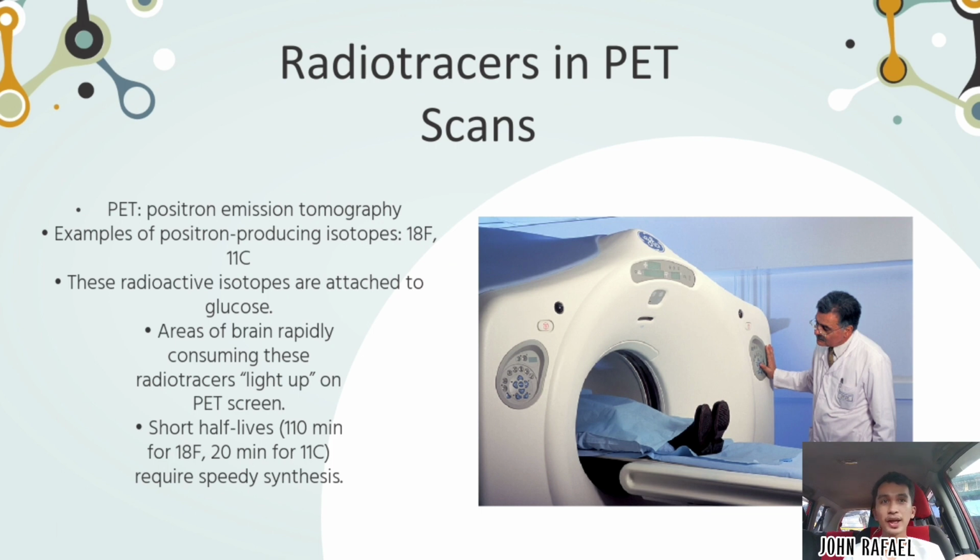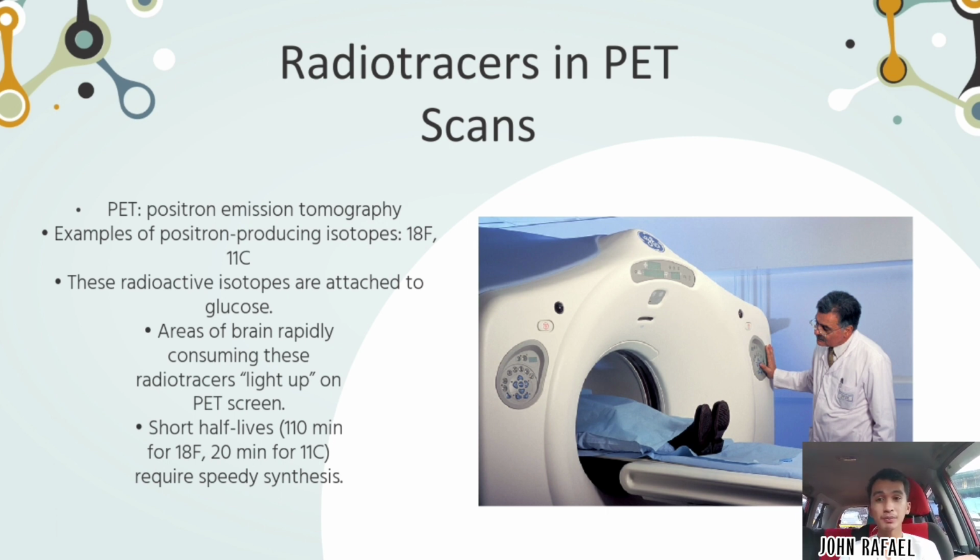Next is radio tracers and PET scan. So we can see in the picture that the body of a person is going to be scanned. That's called a PET scan, or positron emission tomography. So what is positron emission tomography?